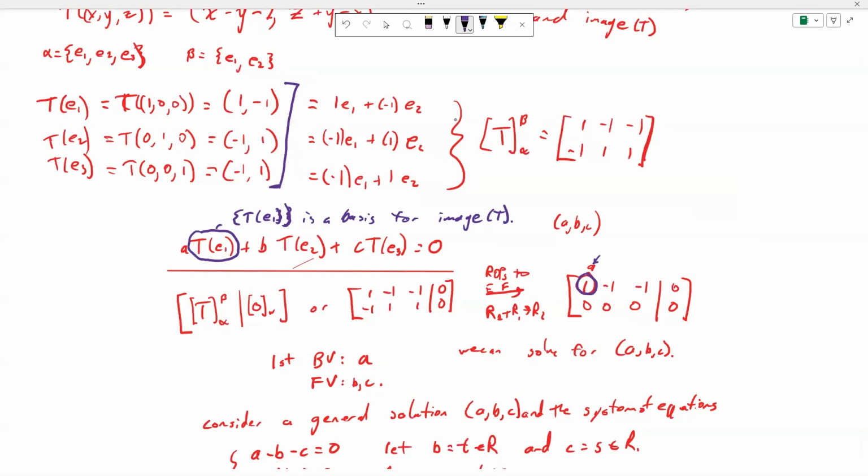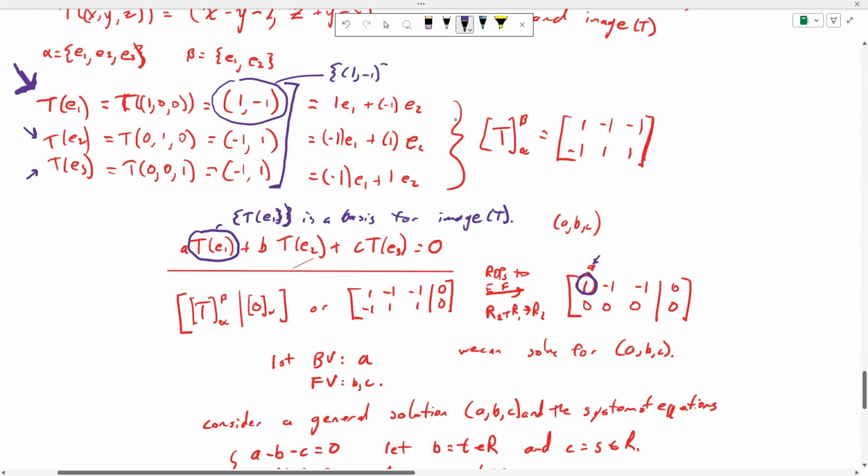Well, up here, I know I've computed what T of V1, T of V2, and T of V3 are going to be, or in this case, T of E1, T of E2, T of E3. So because this one is the vector I'm choosing, I can look at what its output is, and this vector is my basis, the set 1 minus 1. That is the basis for the image.